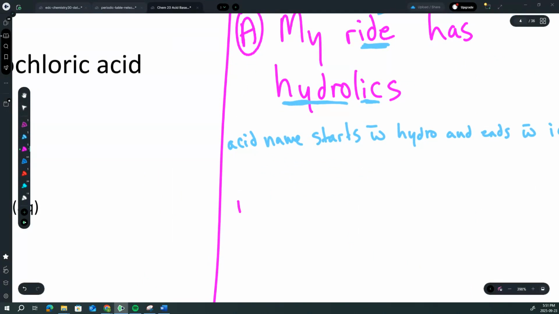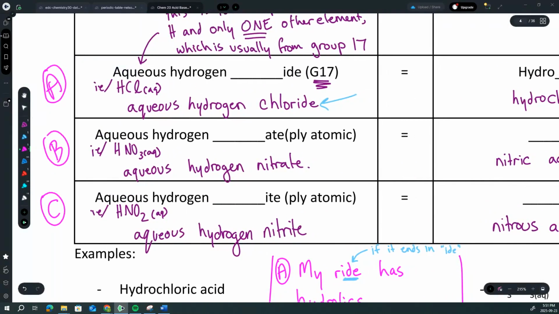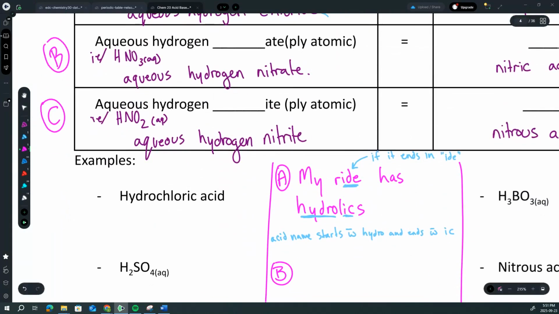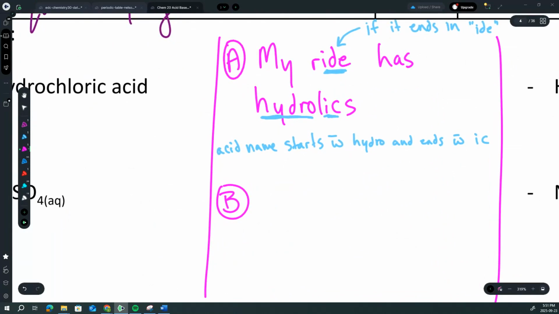For case B, that's when we have hydrogen with a polyatomic ion that ends in ate. The sentence that I use to help me remember how to name acids with that case is this: I ate something icky.